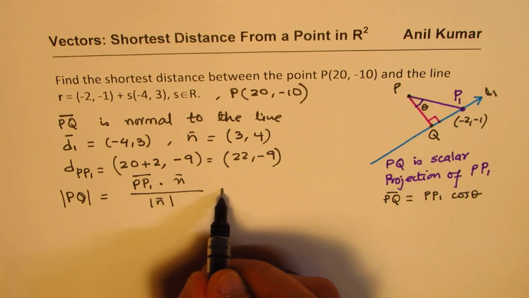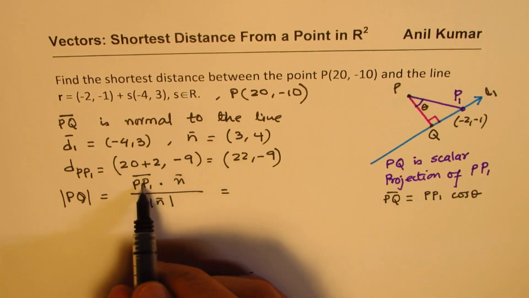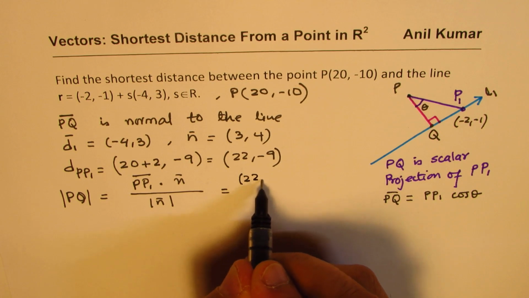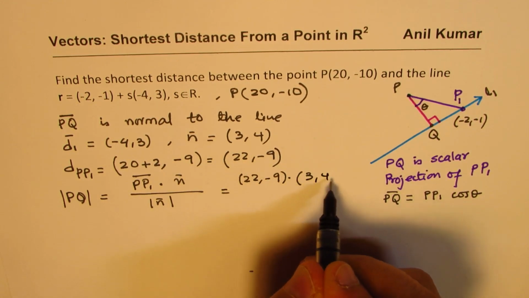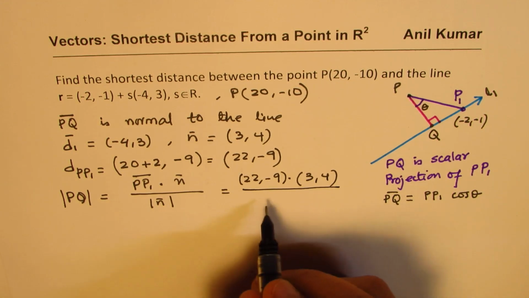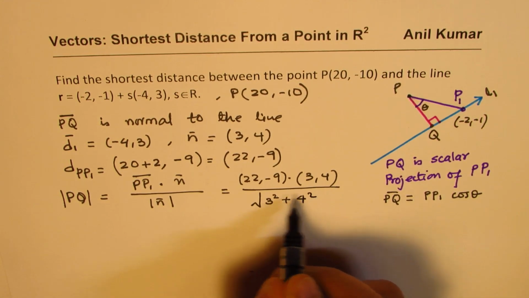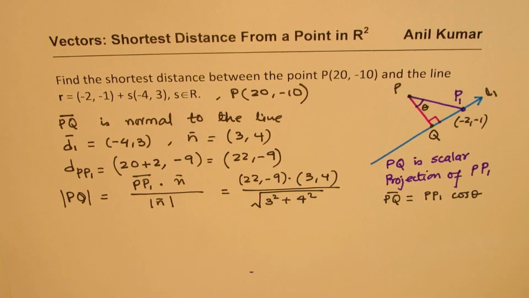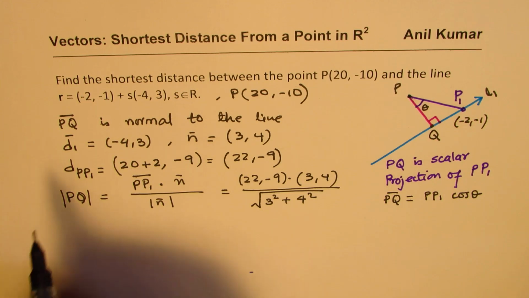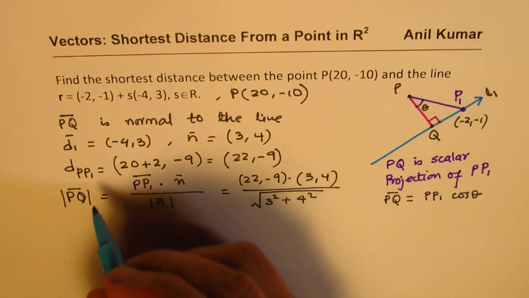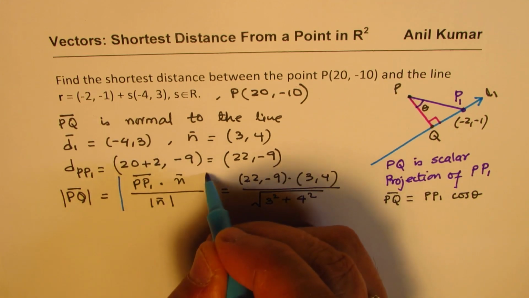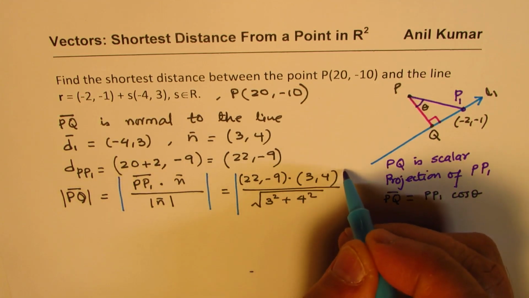So let's calculate this value. So we know PP1 is (4, -9), dot (3, 4), and the magnitude will be the square root of 3 squared plus 4 squared. Clear? And always this value is going to be the absolute value, correct? So we'll take the positive value.